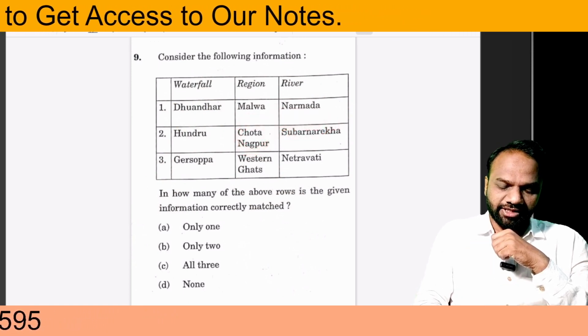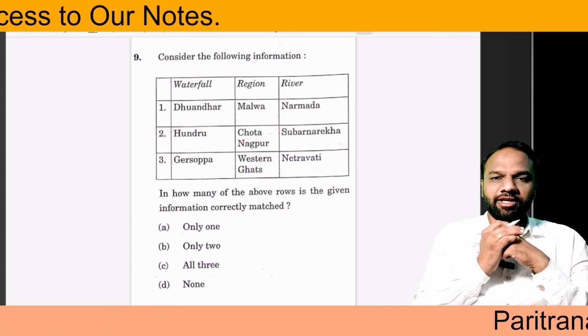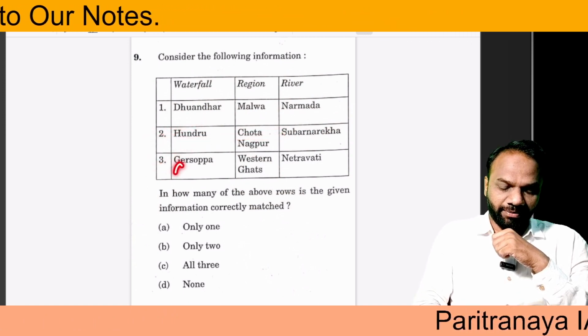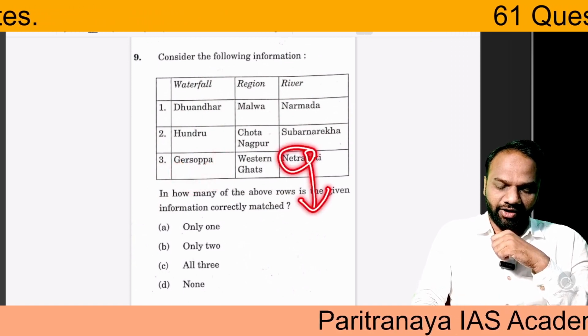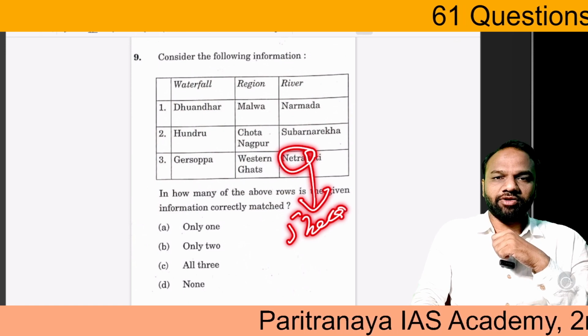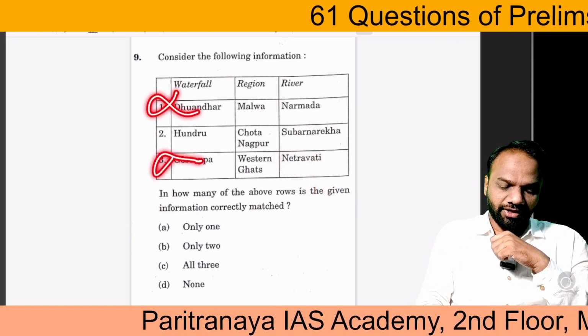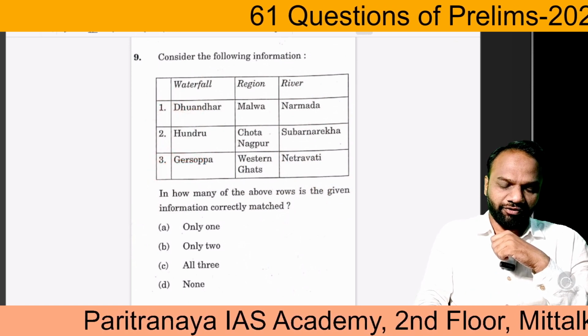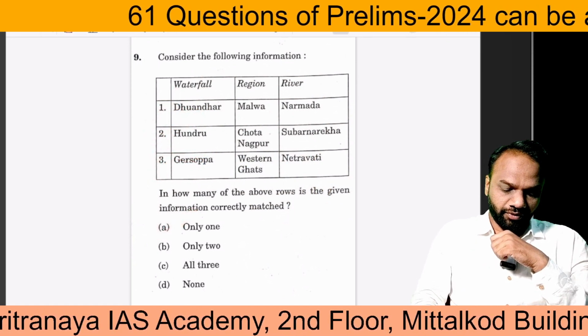So hence this statement is right. Now coming to Gersopa waterfalls, present in Karnataka, famously known as Jog Falls. It is across river Sharavati and not Netravati. So hence the third one is also wrong. The first one is also wrong. So we are only left with 2. Hence the answer here is only 1.